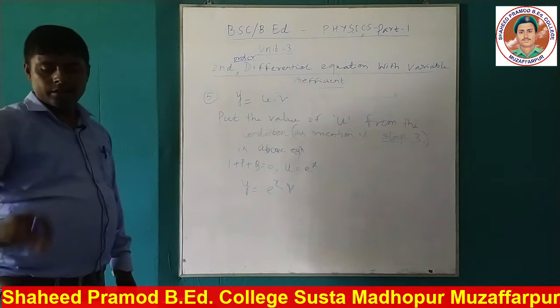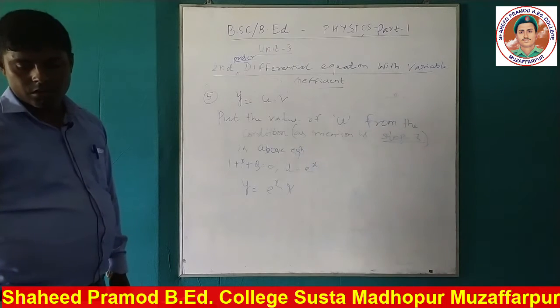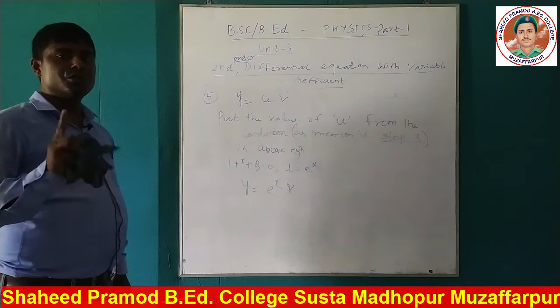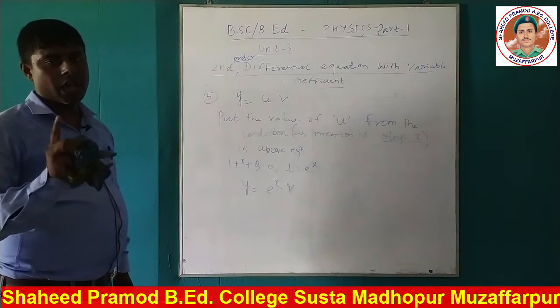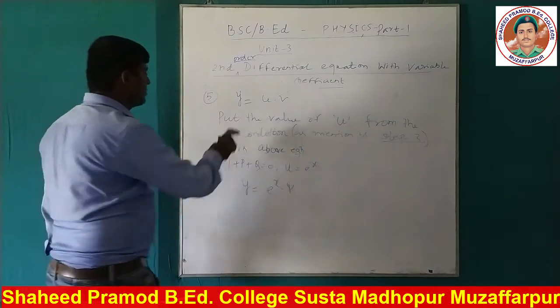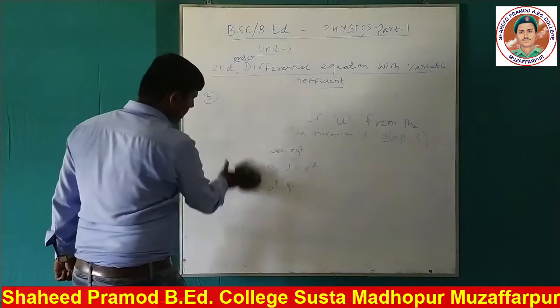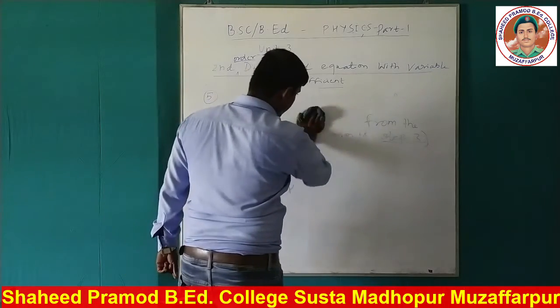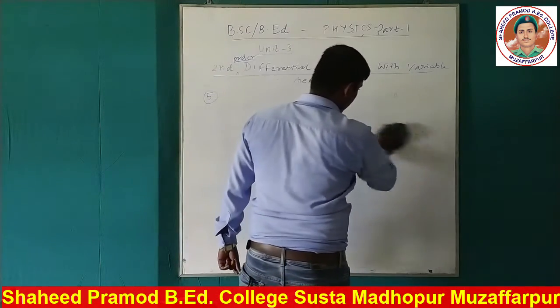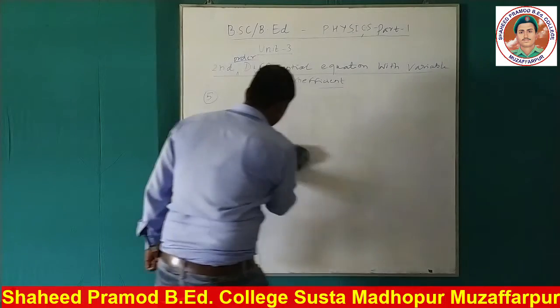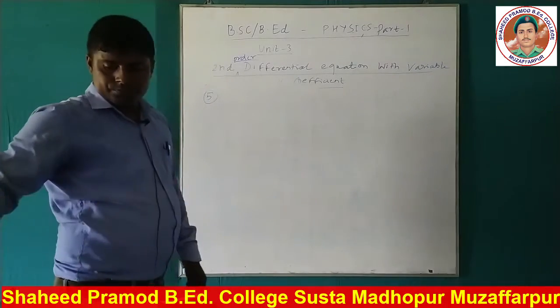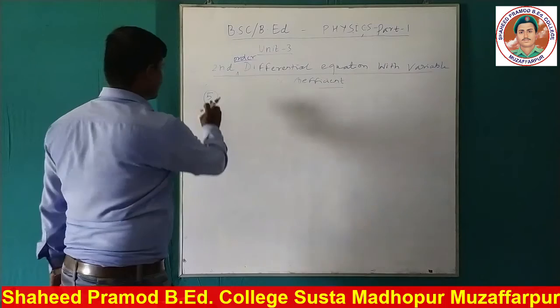Up to here, I think it is clear. Step by step, you need to solve this type of equation. You will remember the step, then you will never be unable to solve any type of complicated or simple questions. Okay? So now step number 6.